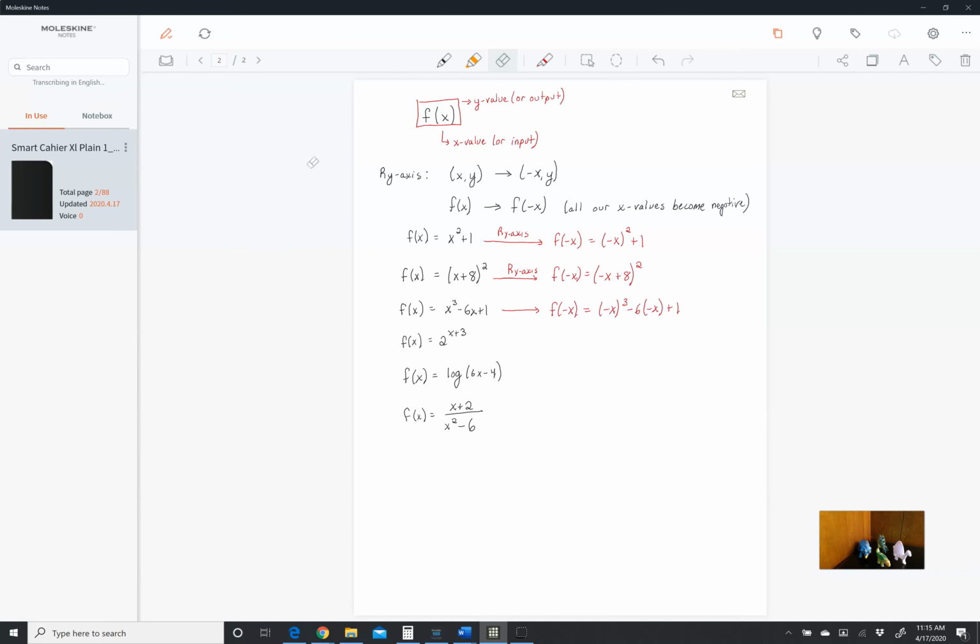If you simplify this, you get negative x cubed plus 6x plus 1. Sometimes it'll be helpful to simplify, sometimes it won't be necessary, okay?